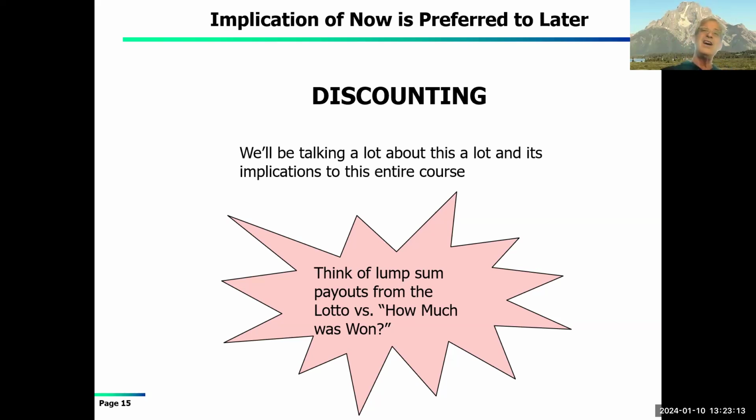And what is underlying that translation is the English sentence, now is preferred to later. That getting $1 a year from now is not worth $1. Getting $1 2 years from now is not worth getting $1 1 year from now. And that is all about discounting.